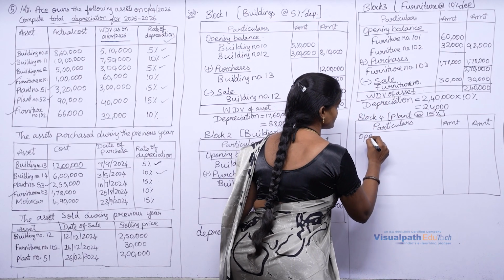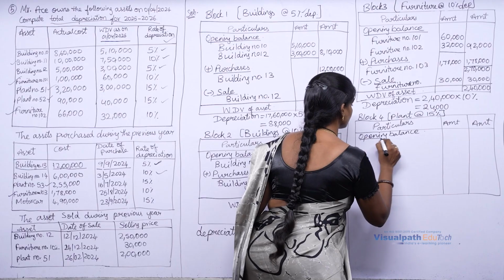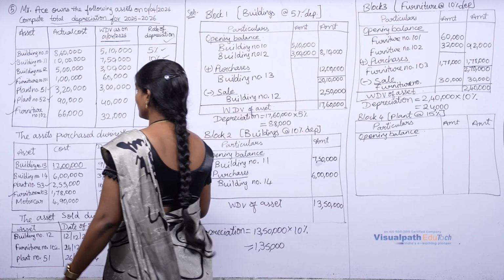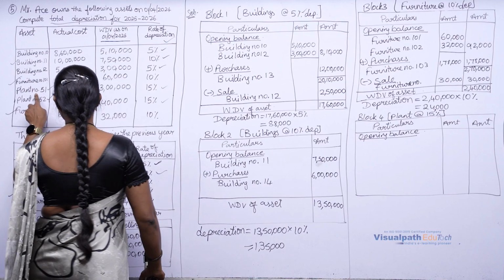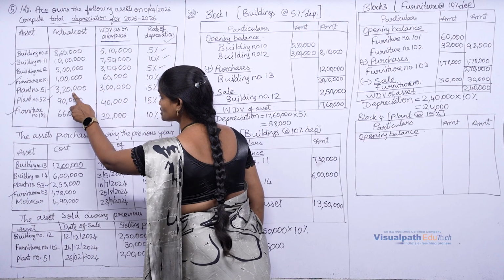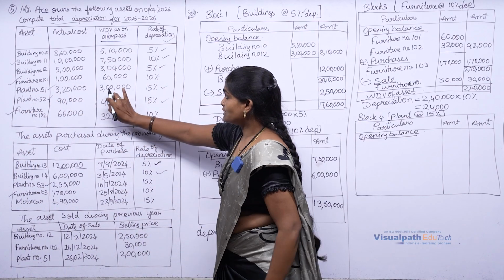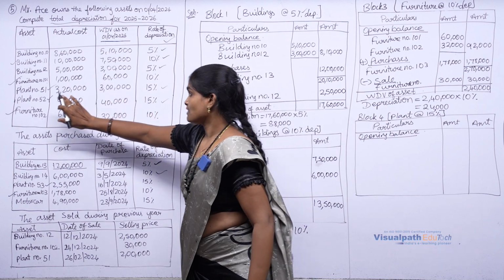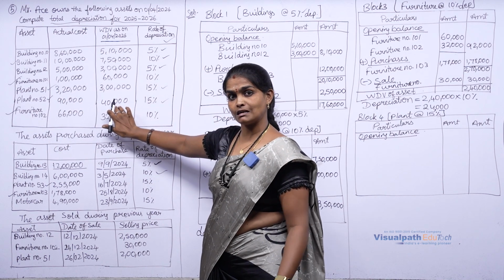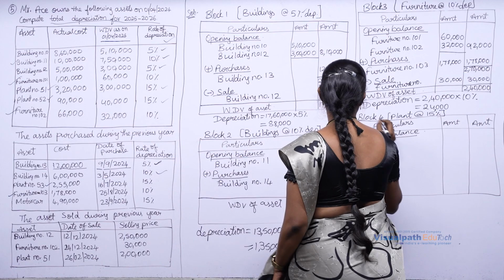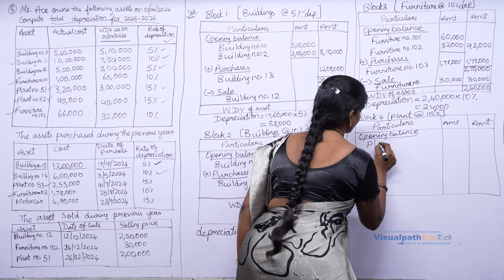First, opening balance. Under opening balance, look into the question. Plant number 51, whose actual cost is 3,20,000. Written down value is 3 lakhs. Then plant number 52, whose written down value is 40,000. Take the written down value here.